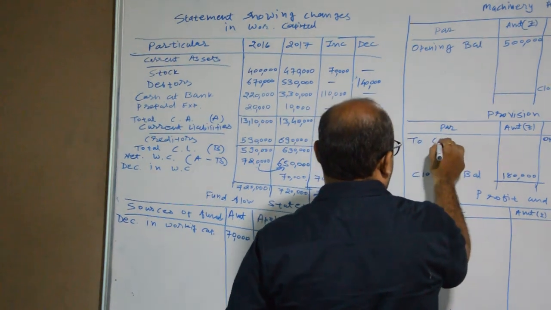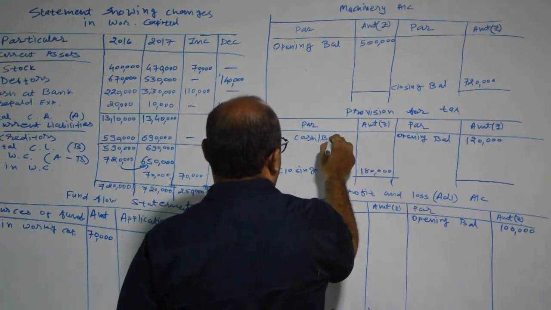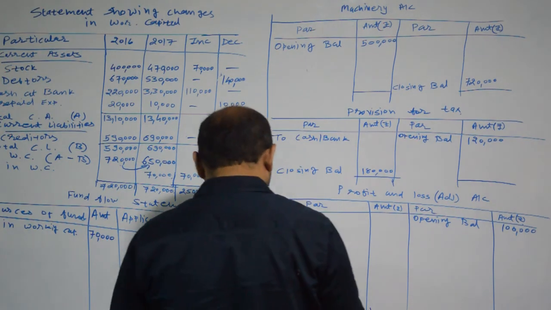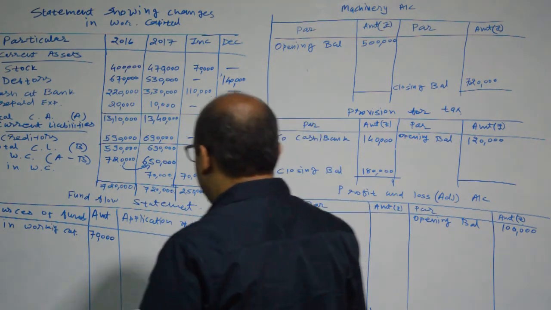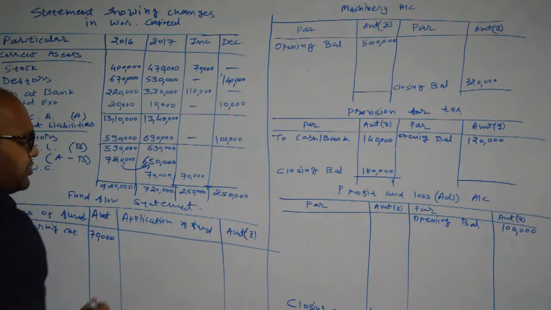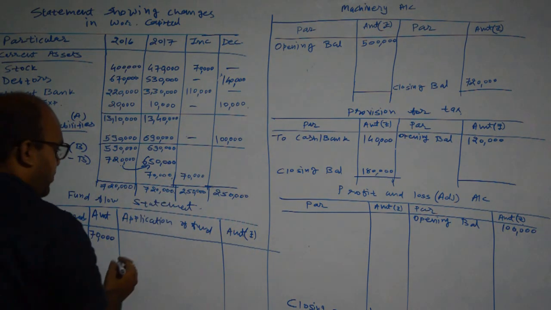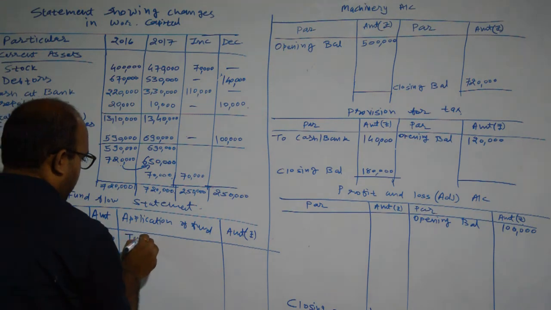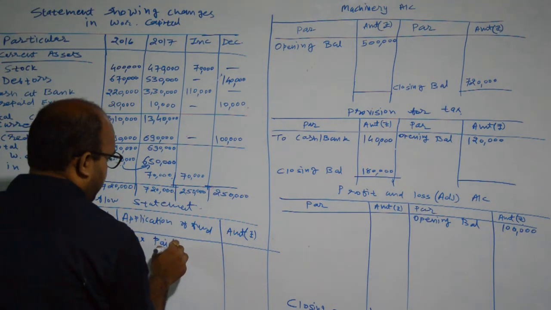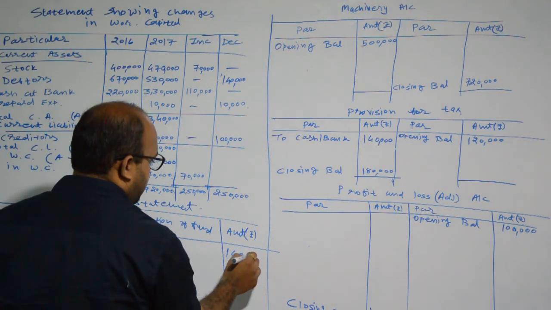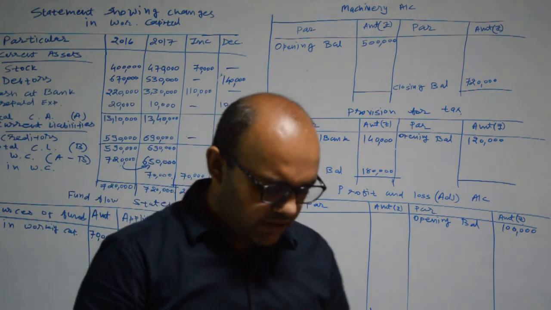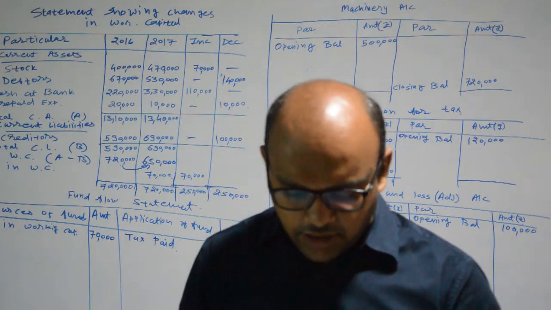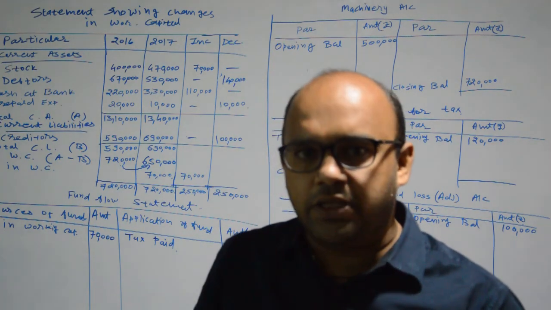The second effect will be on the application of funds side, because there is payment of taxation. We will write it down: tax paid 1,40,000.